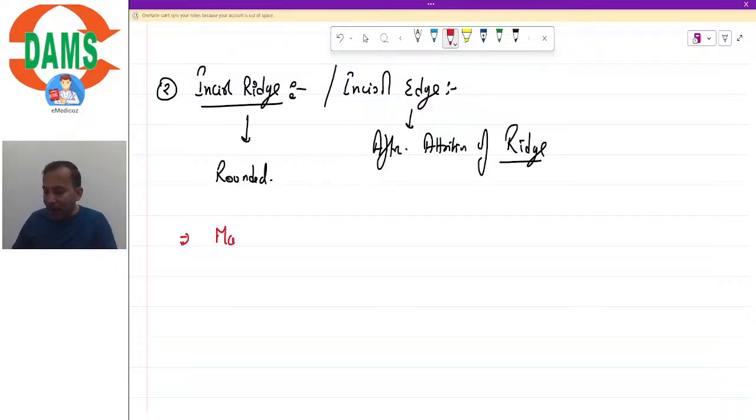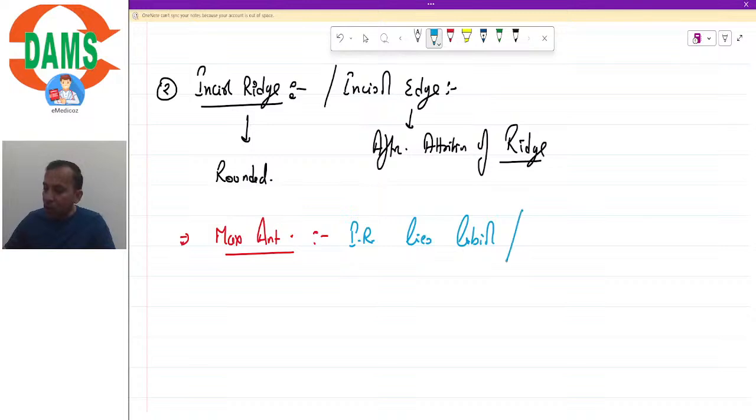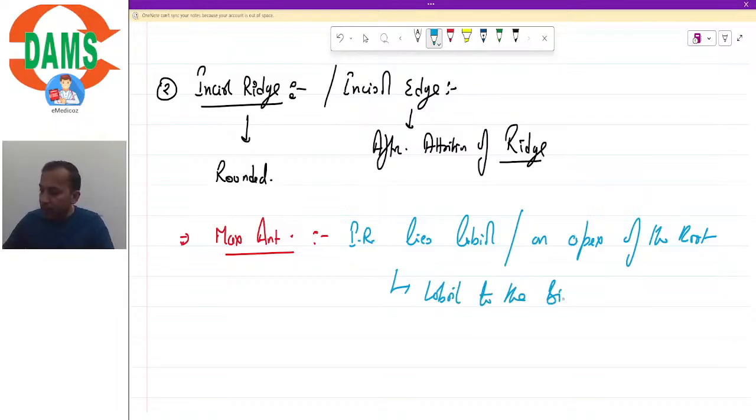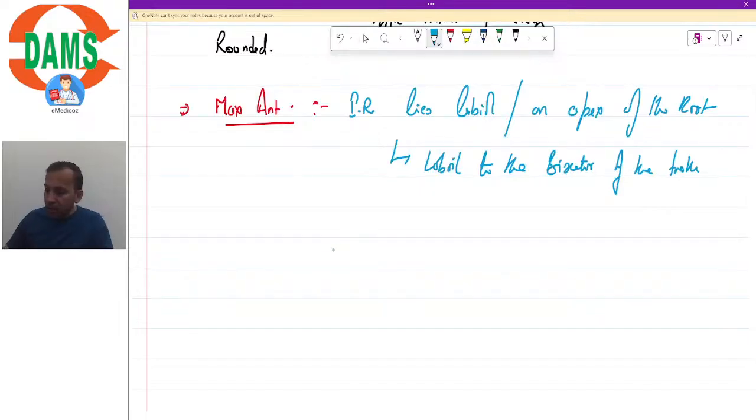In case of maxillary anteriors, the incisal ridge lies labial to the apex of the root, or you can say it lies labial to the bisector of the tooth.